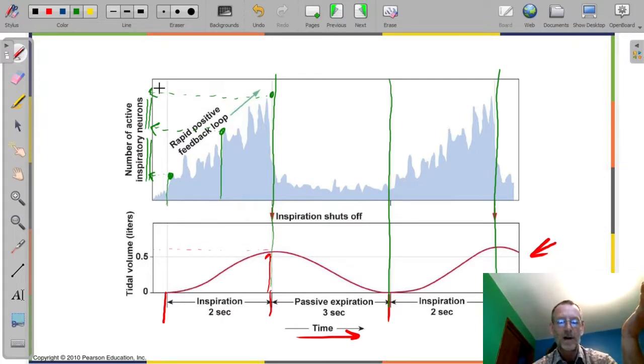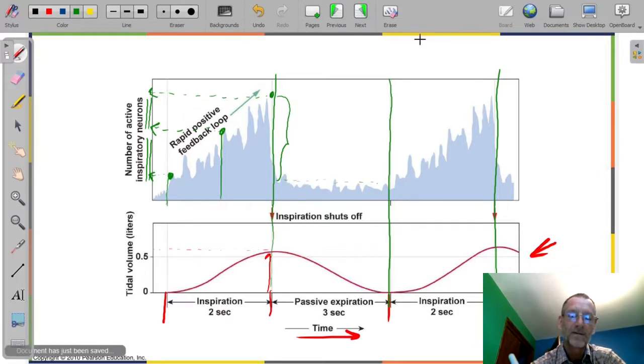And then when you expire, when you exhale, those motor neurons go quiet and the skeletal muscle relaxes. We get down to sort of a baseline. And this is passive. Doesn't require muscle contraction. So that's what that's showing.